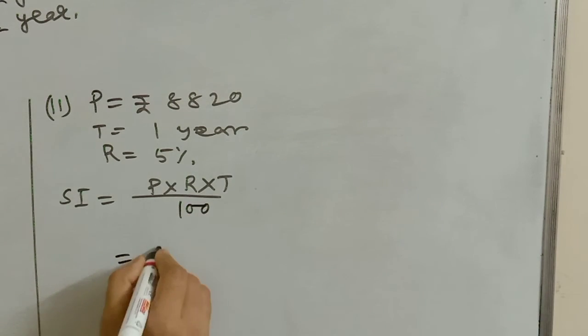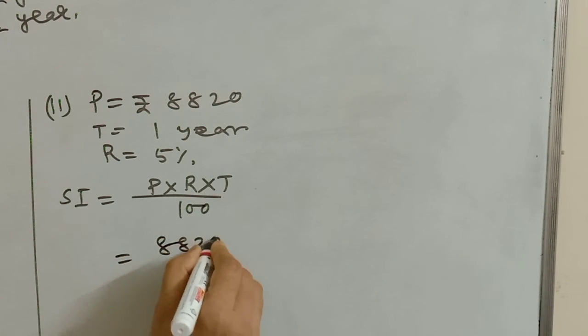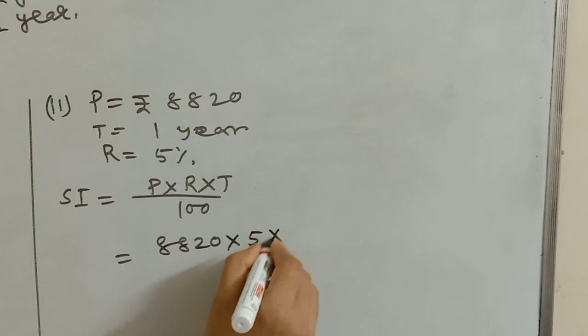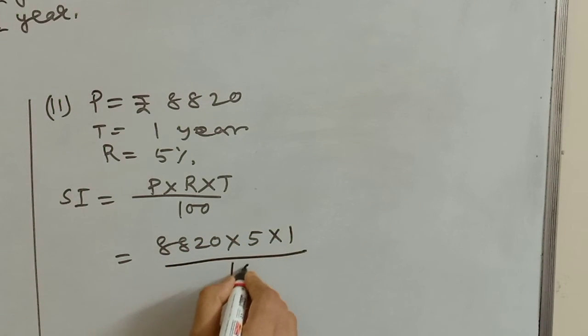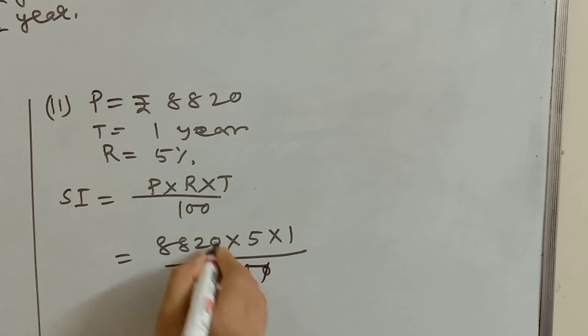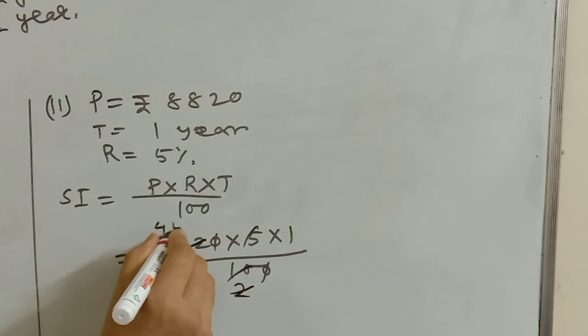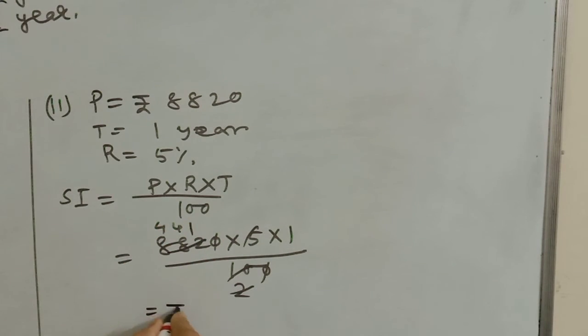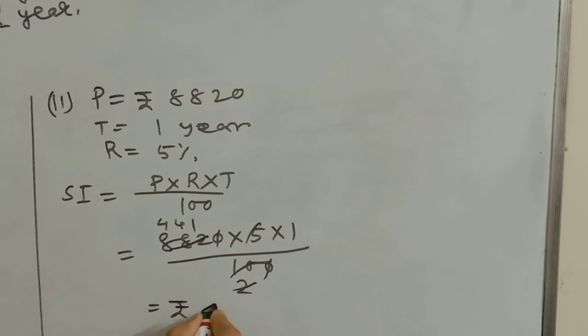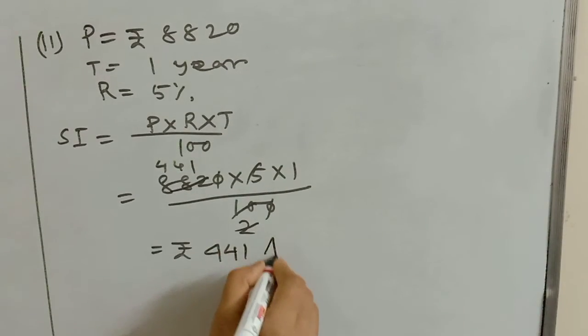So 8,820 into 5 into 1 by 100. 5 2s are 10, 2, 4, 4, 1. So the interest for the third year only will be 441.